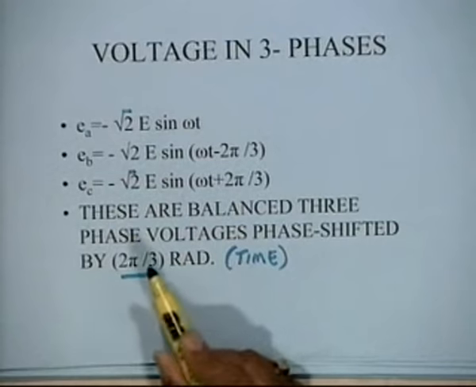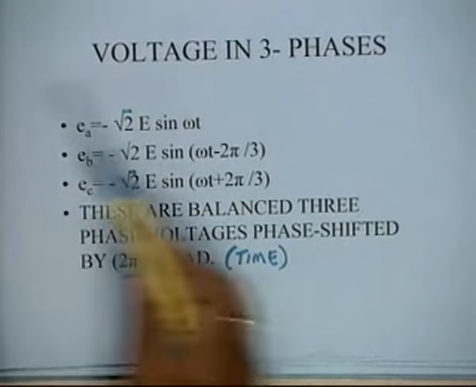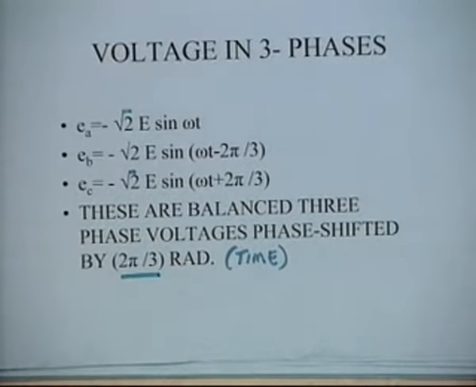It looks trivial, but the fundamentals must be clear that this is how we produce 3-phase voltages in synchronous generators, because all over the world it is these synchronous generators, by this method of voltage generation, that produce power and make it available to the consumers.